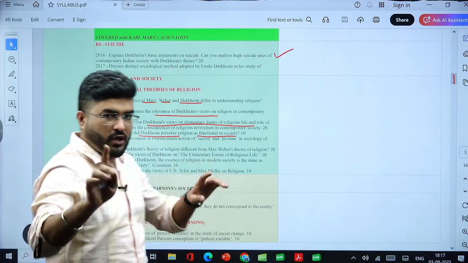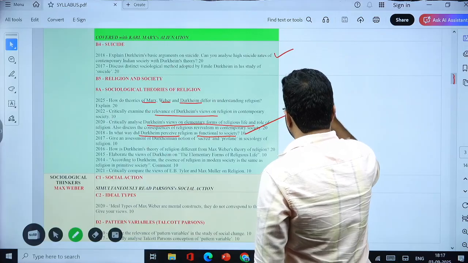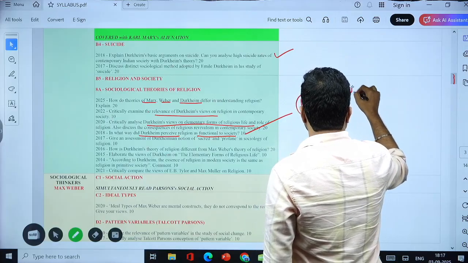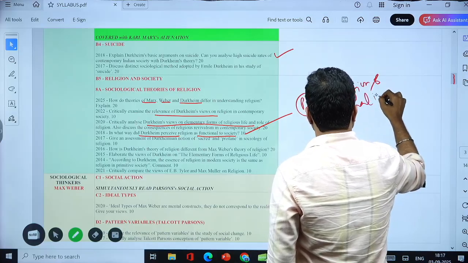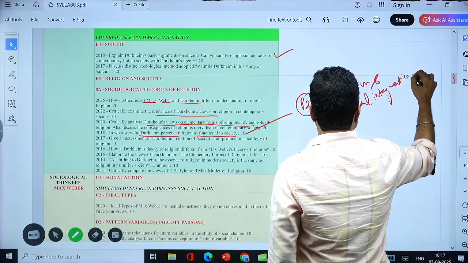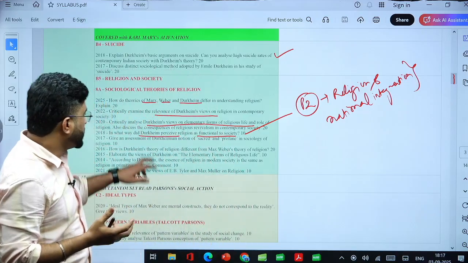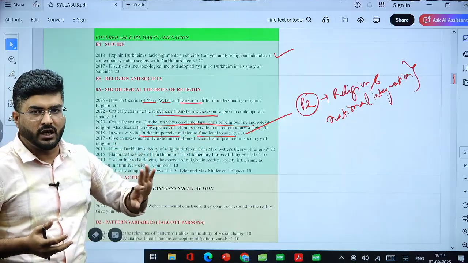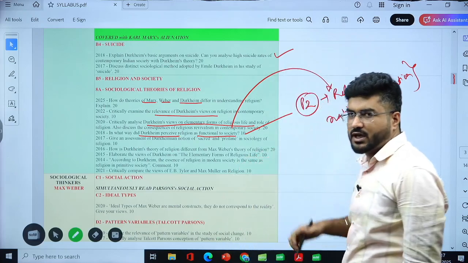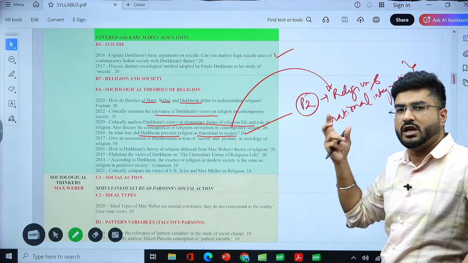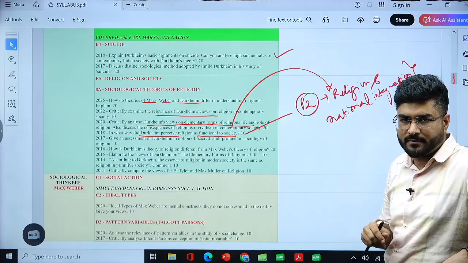Okay. Now, if you have seen the 2025 paper, there was one question in paper 2 related to religion and national integration. So if you are focusing on Durkheim's view of religion as functional to society, this is nothing but an example of this particular function, that is how religion is important for national integrity and social integrity.